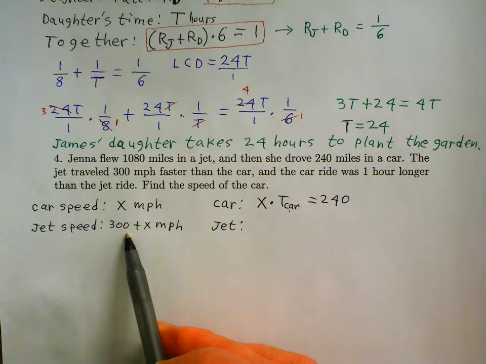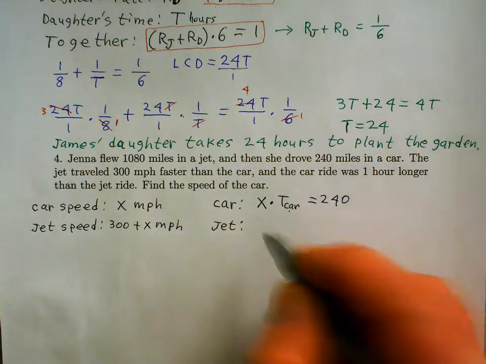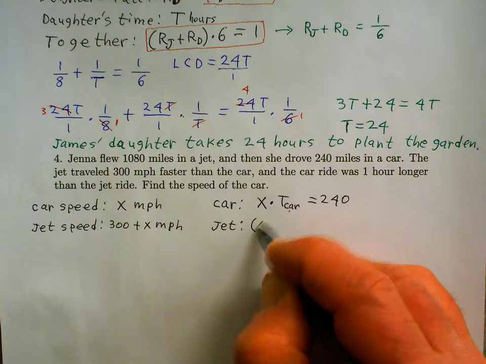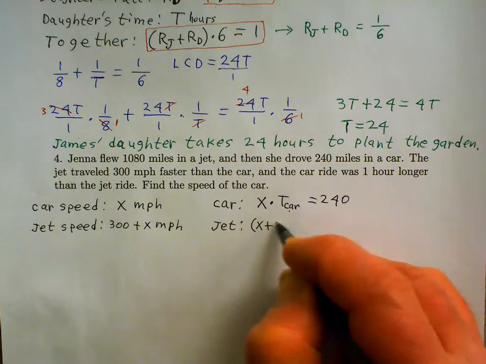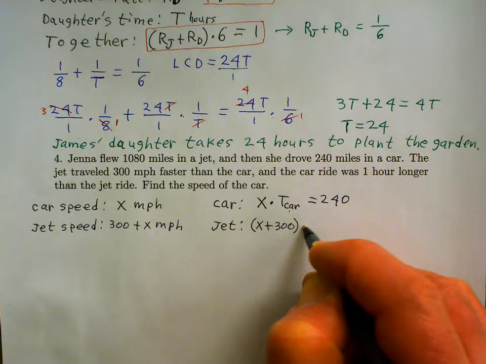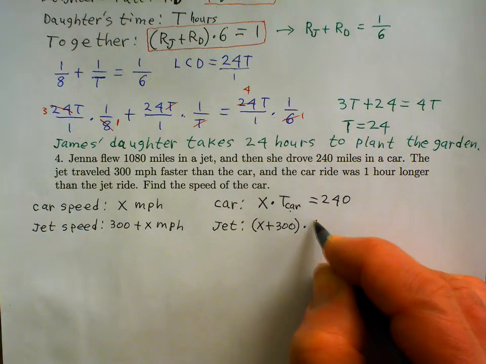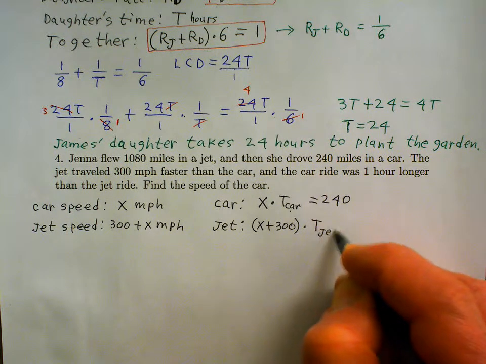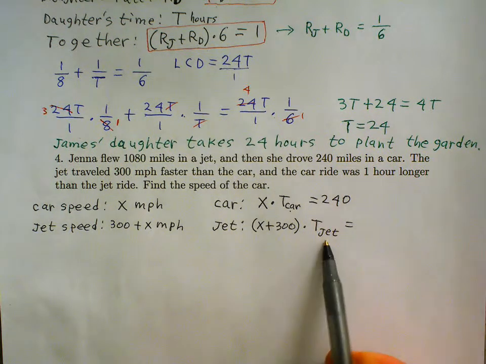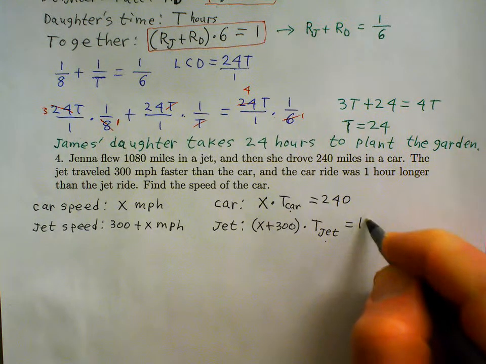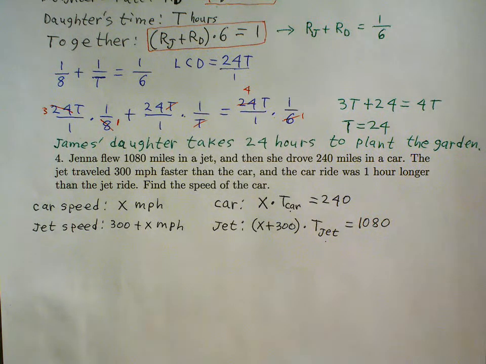Okay, so the jet's rate, you can write it as 300 plus x or x plus 300. Either way is okay. I'll write it as the binomial x plus 300 multiplied by t sub jet, which represents the amount of time it took the jet to fly 1,080 miles.